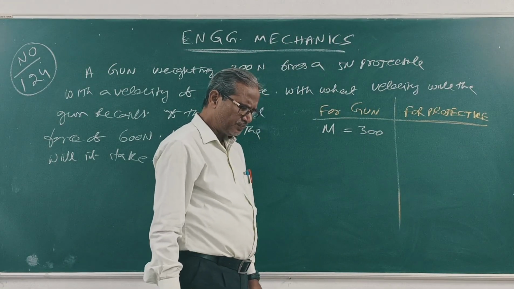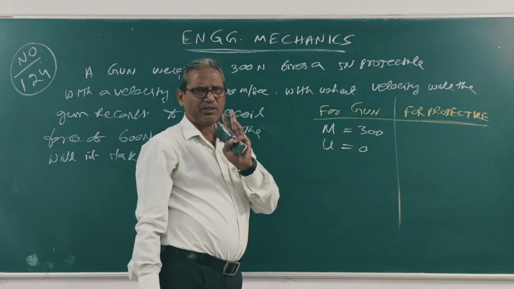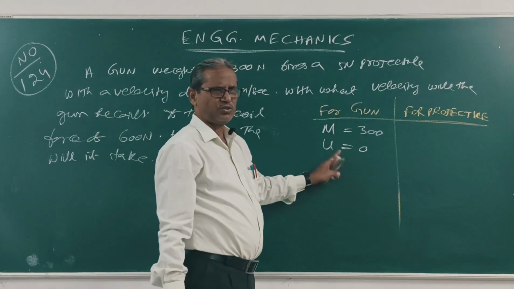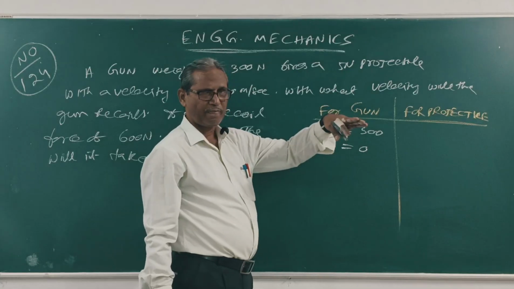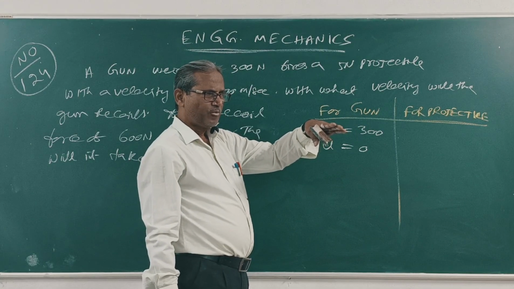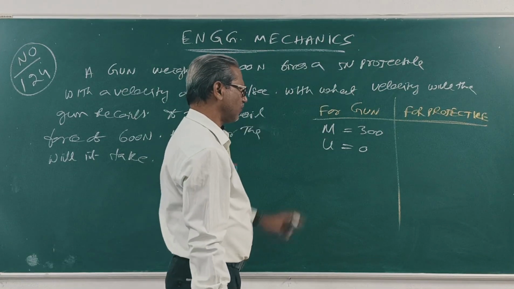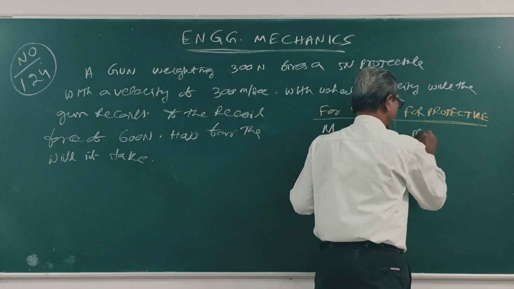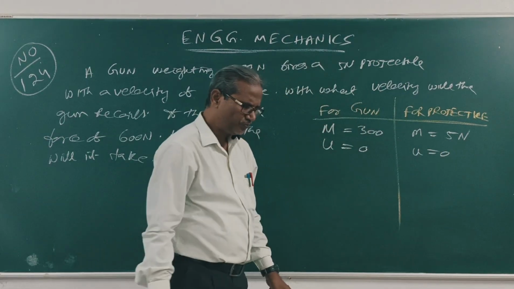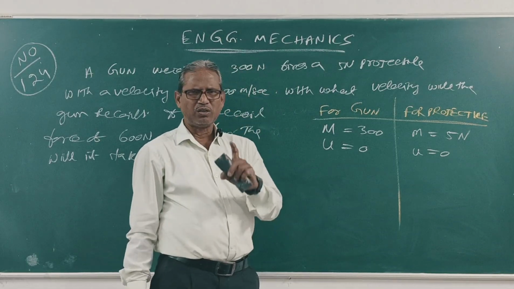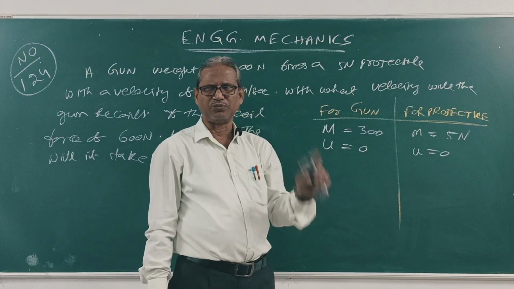The gun is at rest, so U is 0, initial velocity 0. Initially the gun is at rest, so velocity is 0. The gun fires a projectile. The projectile is also at rest. Its weight is 5 Newton, small m. It is also at rest, so small u is 0. Clear? For gun, capital U is 0, initial velocity 0. For projectile also, initial velocity 0.